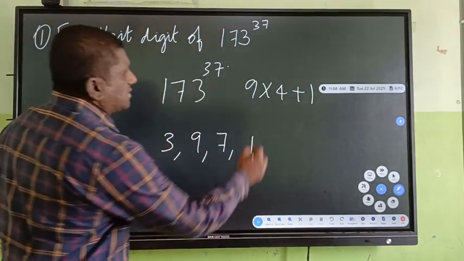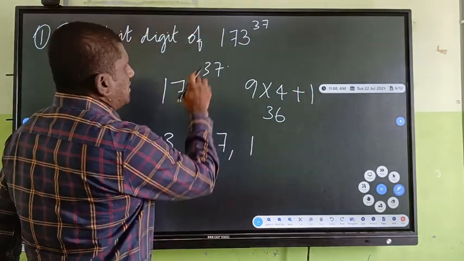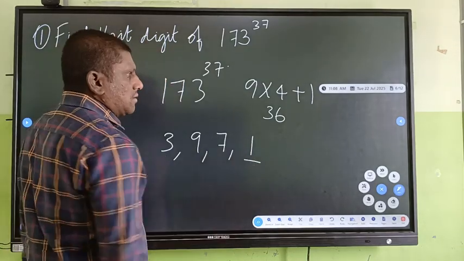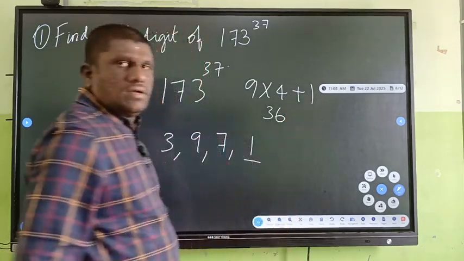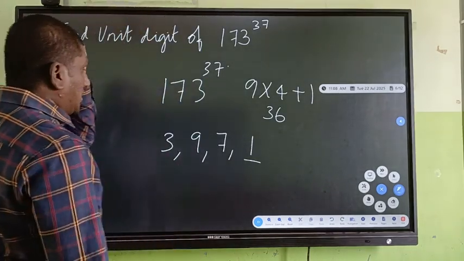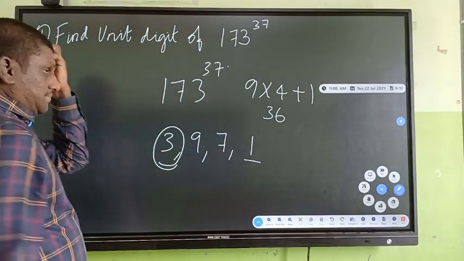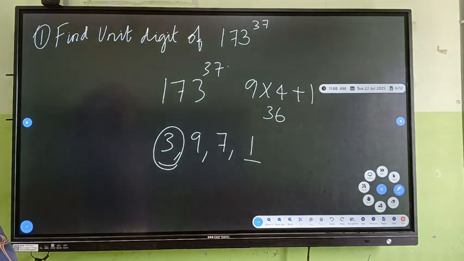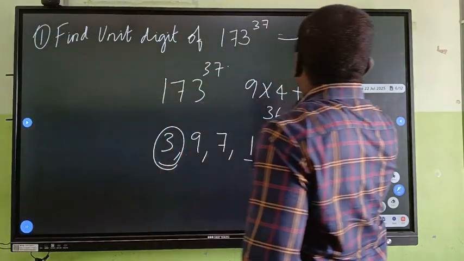So 9 into 4 is 36, and 173 power 36 will end in number 1. But there is one more, the remainder. So 173 power 37 will end in number 3. 3 is the answer. So the last digit is 3.